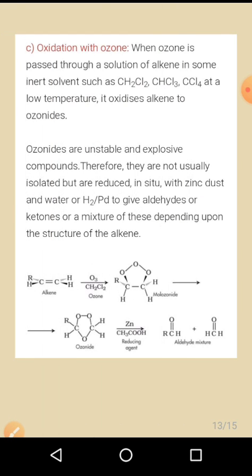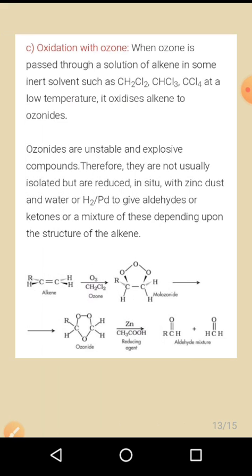Next one is addition of ozone. When ozone is passed through a solution of alkenes in some inert solvent such as CH2Cl2, CHCl3 or CCl4 at a low temperature, it oxidizes alkene to ozonides.